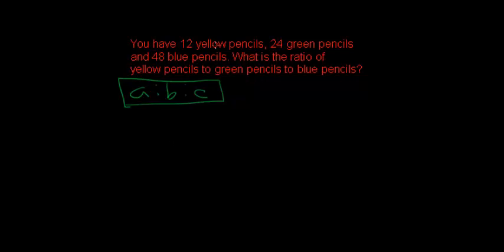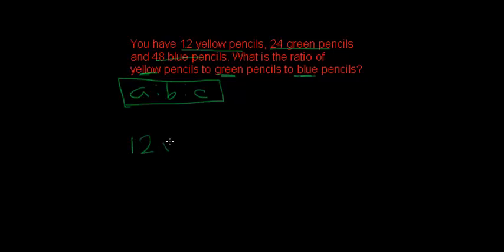So we have 12 yellow pencils, 24 green, and 48 blue. So what is going to be the order? So we have to find yellow first, then green, then blue. So let's write this out as a ratio. Remember, it's not changing anything just because there's 3.